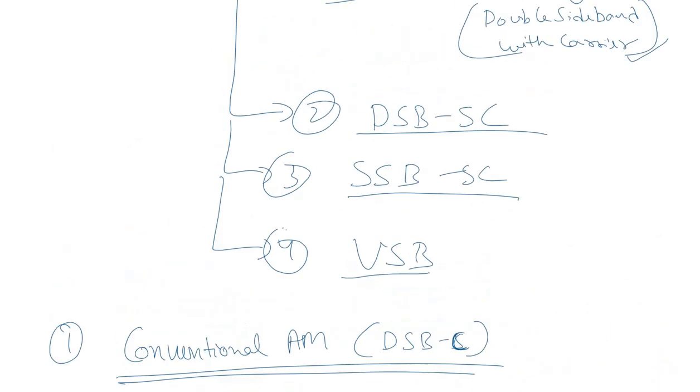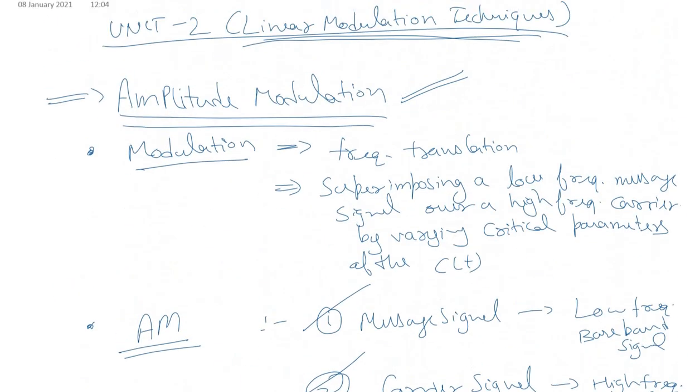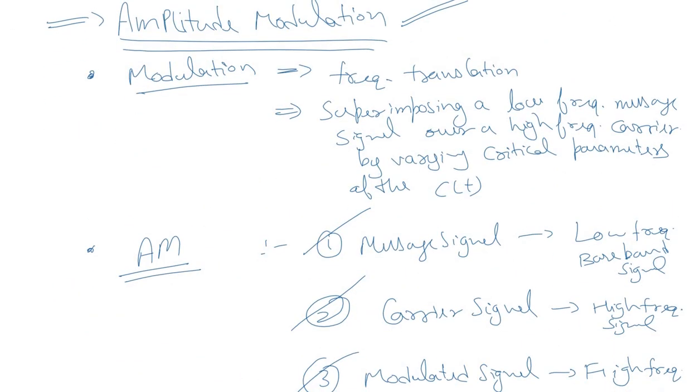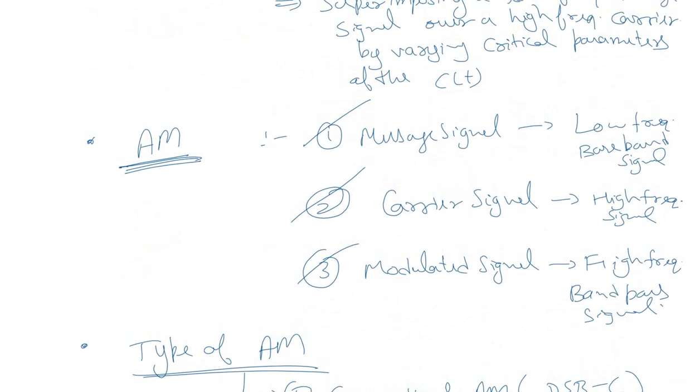I told you that in amplitude modulation, the amplitude of the carrier signal varies with respect to the message signal.